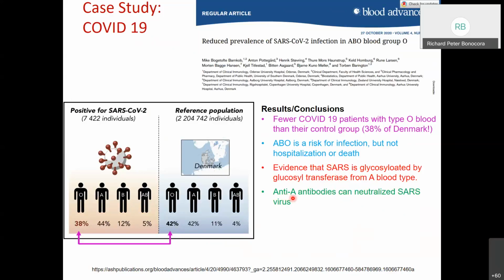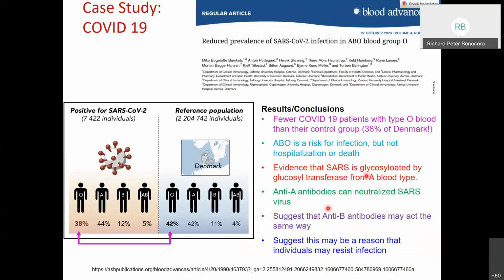And when you have antibodies against the A blood type, they can neutralize the SARS virus. They suggest this could also be true for anti-B antibodies, which hasn't been done yet, and that this may be a reason some individuals may be able to resist infections slightly better.